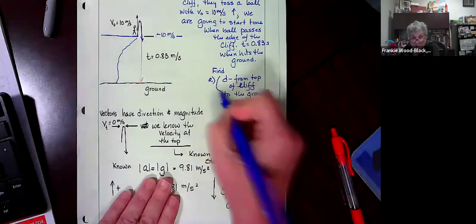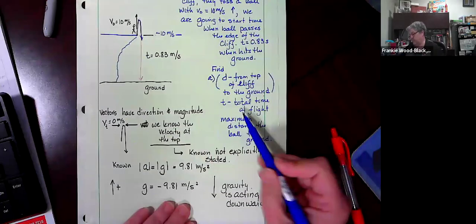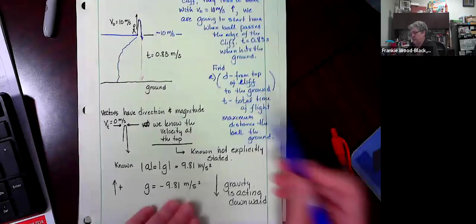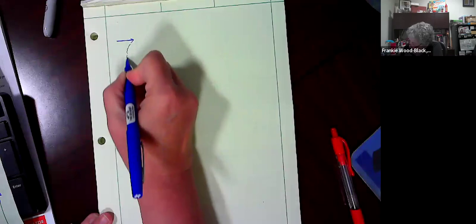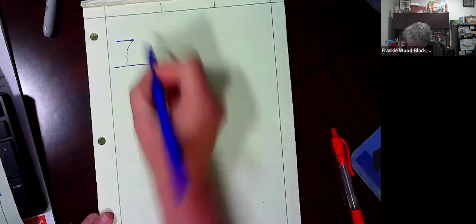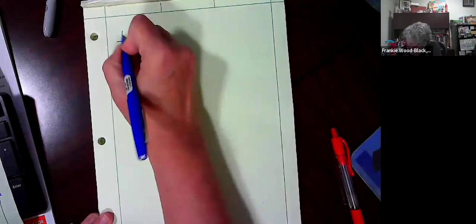Now we want to know the total time of flight. So this time I'm going to look at my picture a little differently. I'm going to use the same data, but look at the picture differently, because the time of flight is the time it takes to get to the top.